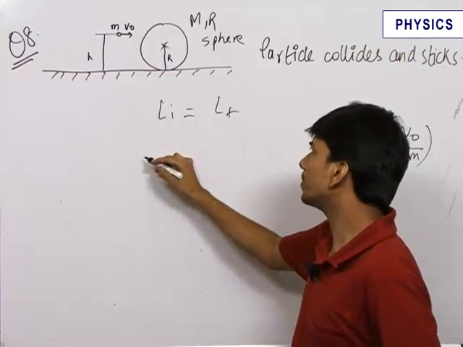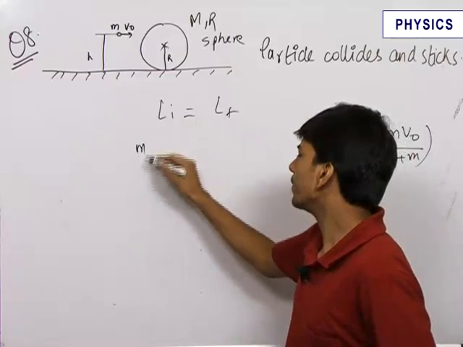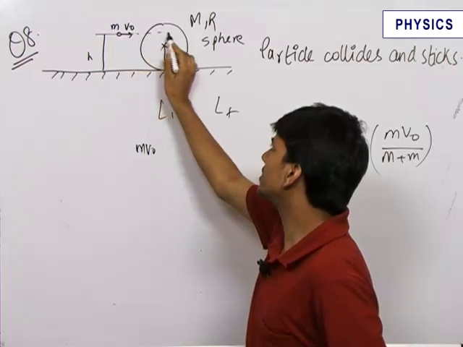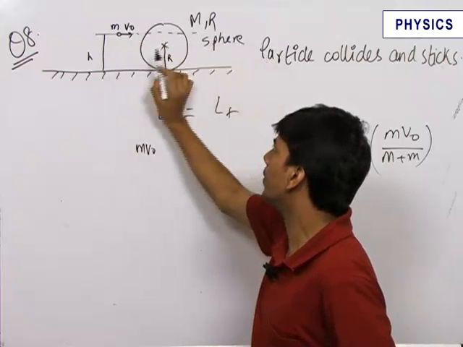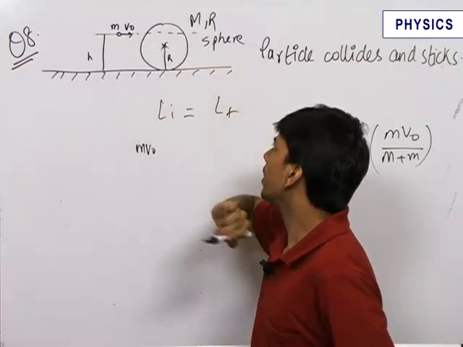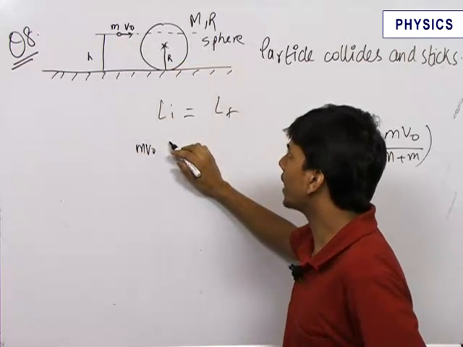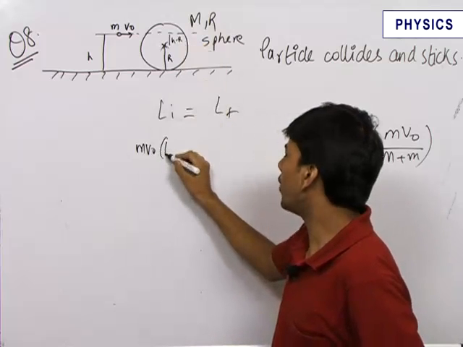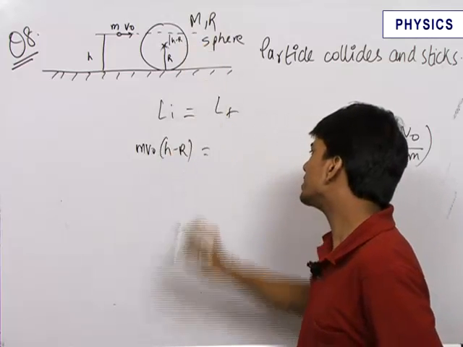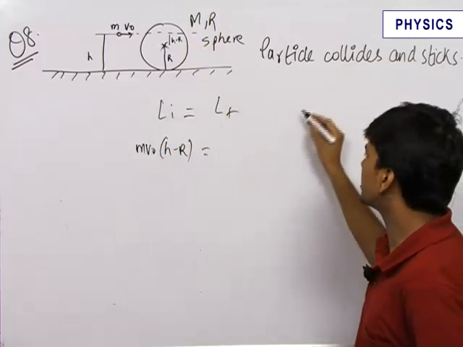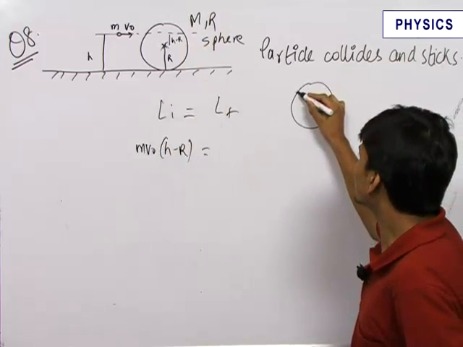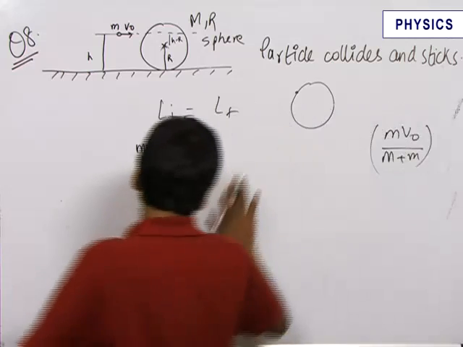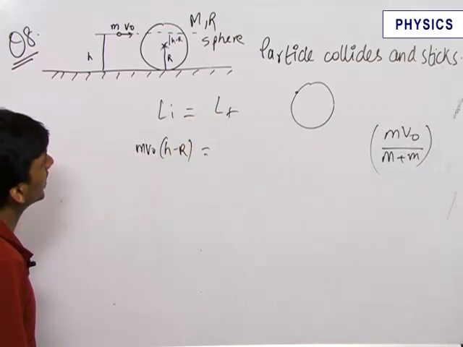The initial angular momentum can be written as m v0 into r perpendicular. R perpendicular is the perpendicular distance from the line of momentum to the point about which you need to find the angular momentum, that is equal to h minus r. Therefore m v0 into (h minus r) is equal to the final angular momentum of the system when the mass is stuck to it.